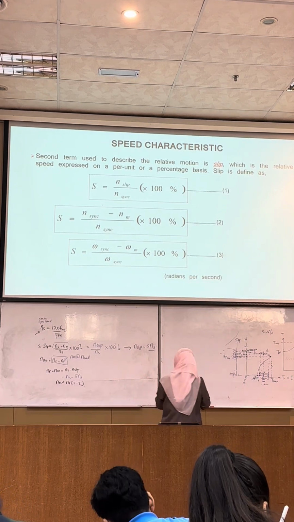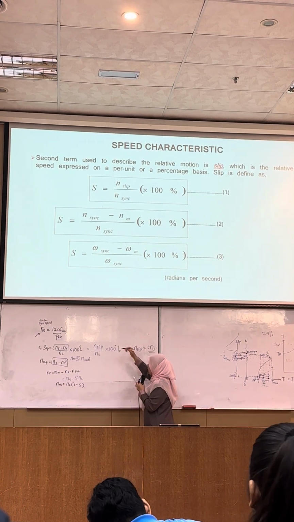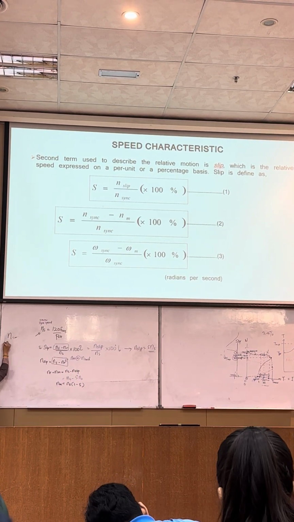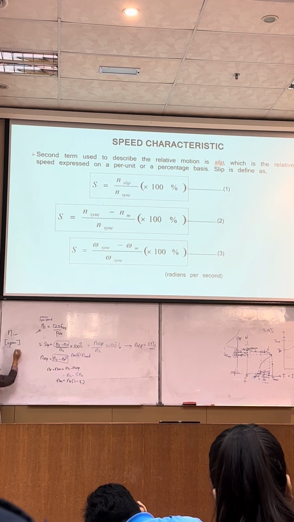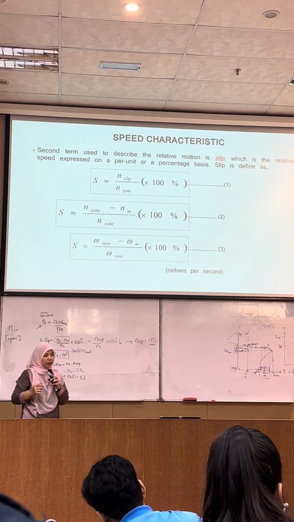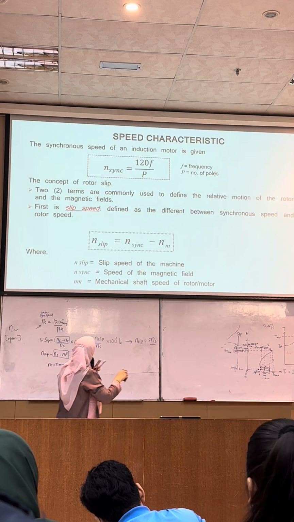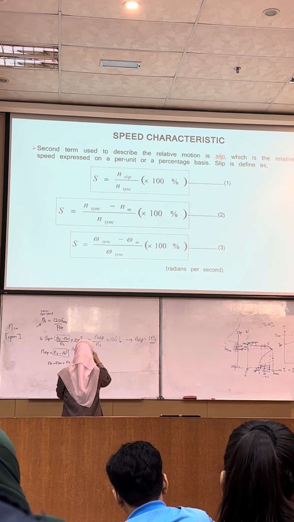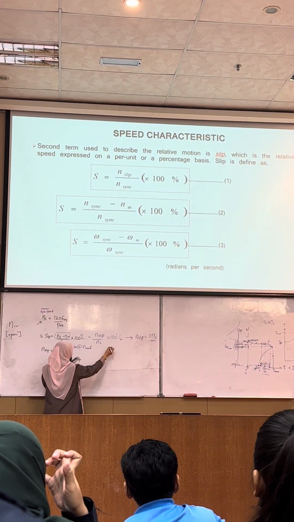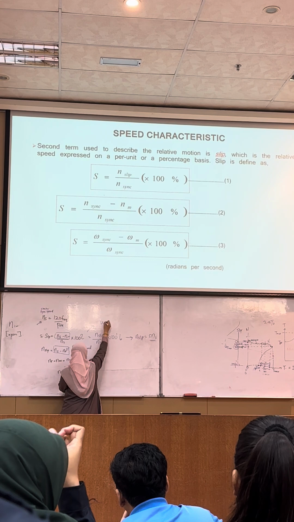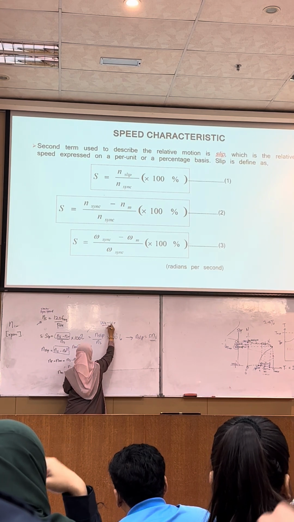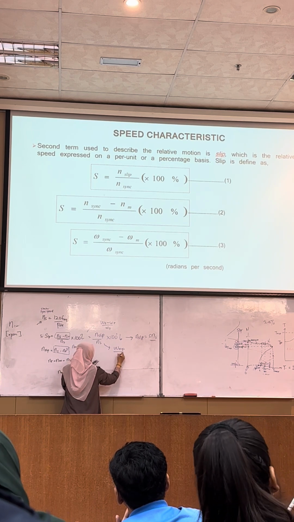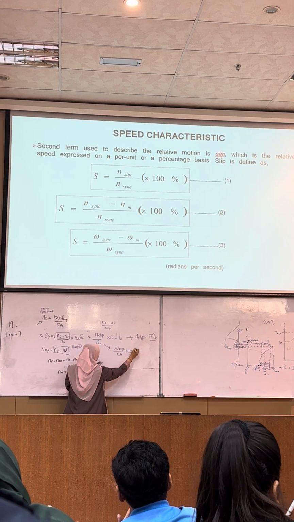Okay, second one, all this N, the unit is in RPM. Okay, you may also use omega. This one, omega. So whatever the equation is, you can also write in omega form. Contoh yang ni, omega S minus omega R over omega S. This one, omega slip equals omega S minus omega R, times 100%.